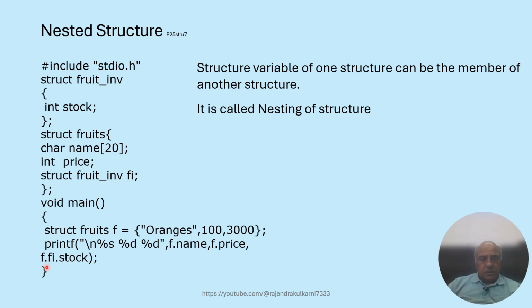f is the variable f of structure fruits, dot fi. fi is a variable of structure fruit_inv, and then the name of the member of structure fruit_inv, which is stock in this case.